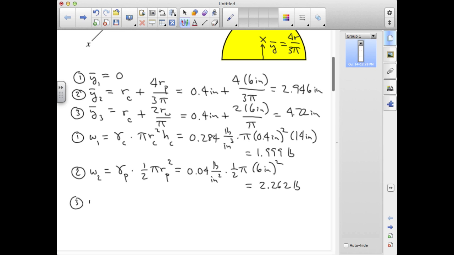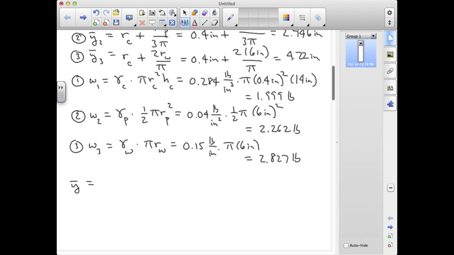And finally, for the wire, we have the linear specific weight of the wire times its length, which is just half a circumference. So we have 0.15 pounds per inch times pi times 6 inches, and that number turns out to be equal to 2.827 pounds.